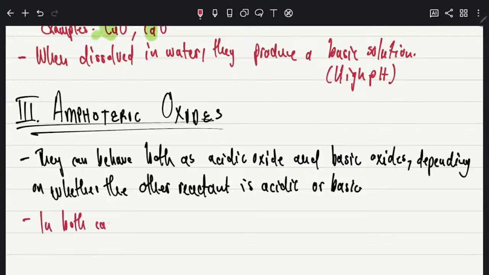In both cases, salt and water is formed.